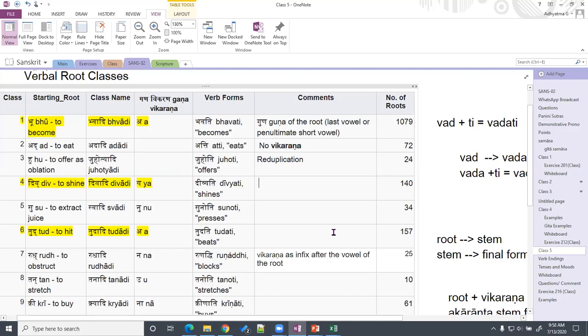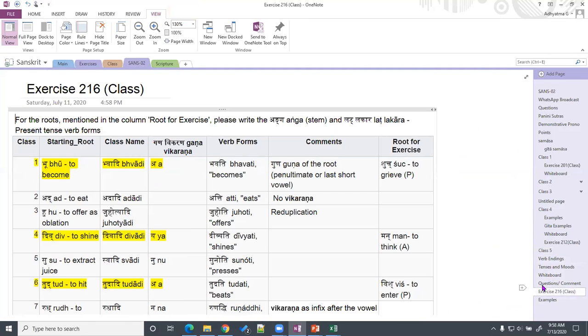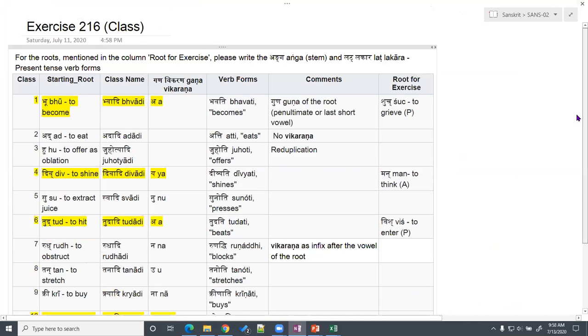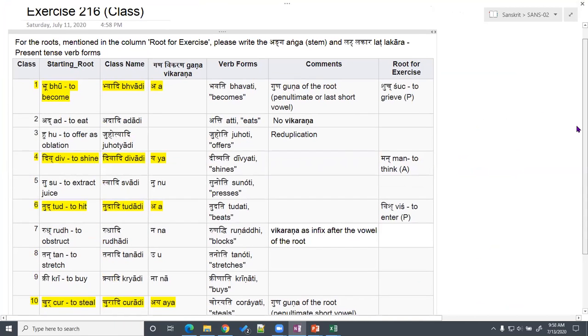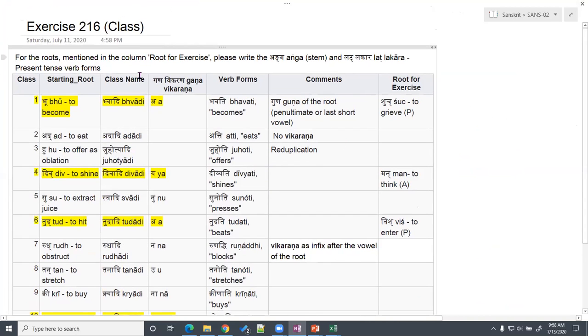Secondly, so with this, I will take the class exercise and see if you can. Okay, so this is the class exercise. I hope it will be okay for you to do that. So what is the class exercise here? For the roots mentioned in the column root for exercise, please write the stem and lat lakara forms. So lat lakara, you know, titaha anti, we have done multiple times, and as well as atmane.